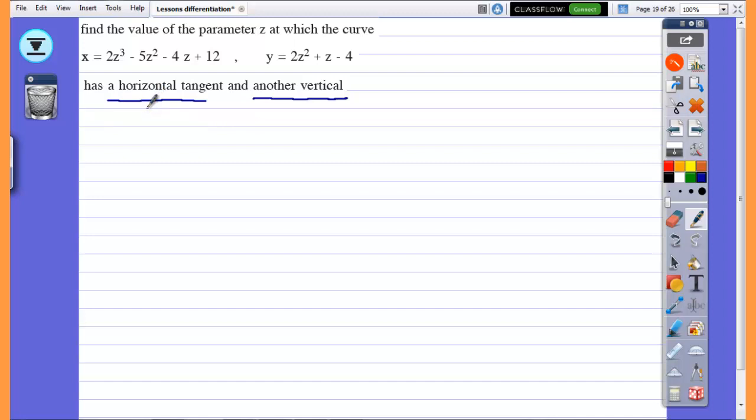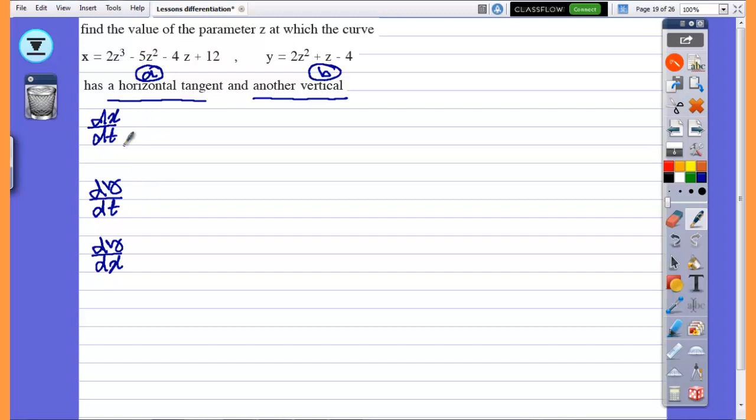A, when the curve has a horizontal tangent. Second case, when the curve has a vertical tangent. We start with A. First, we must calculate dx/dz, and we calculate dy/dz, and then we will obtain dy/dx. Okay, these are the steps of the solution.